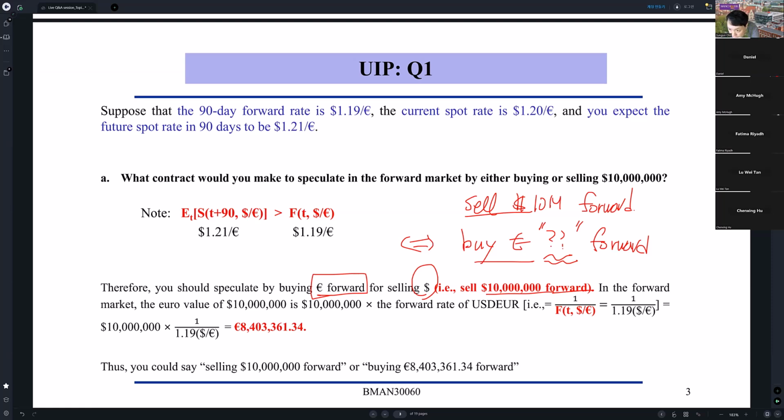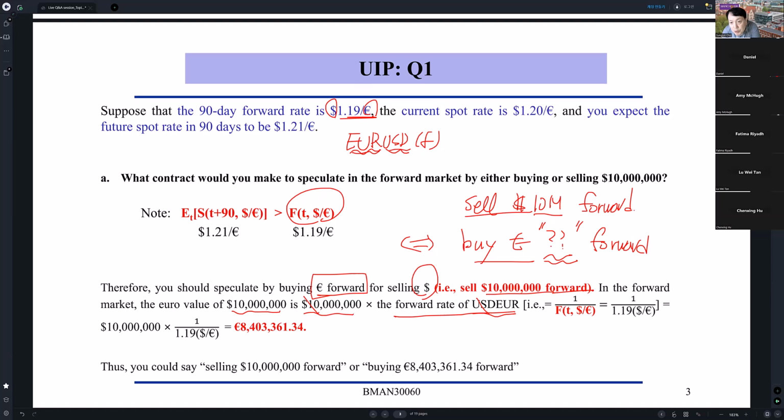How can we translate $10 million into euro amount? We have to use the forward rate because this is a forward contract, right? So what is the euro value of $10 million? The $10 million times the forward rate of the USD/EUR. Why USD/EUR? Then USD will be canceled, and you're gonna get euro amount, right? So we need to get the forward rate of the USD/EUR. Now in the question, you have the EUR/USD forward rate. The euro is the first three letters, dollar is the last three letters.